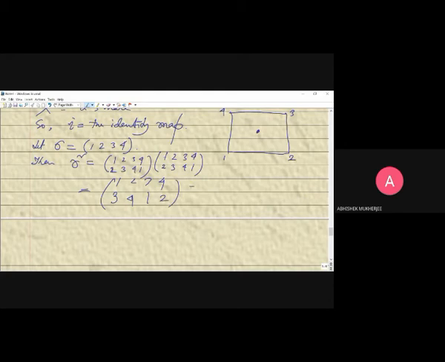Okay. So that means it is 1 3 2 4, right? That is 1 3 2 4.